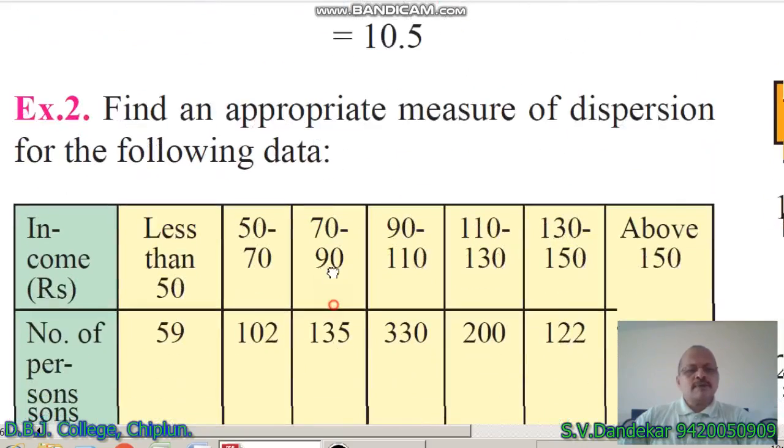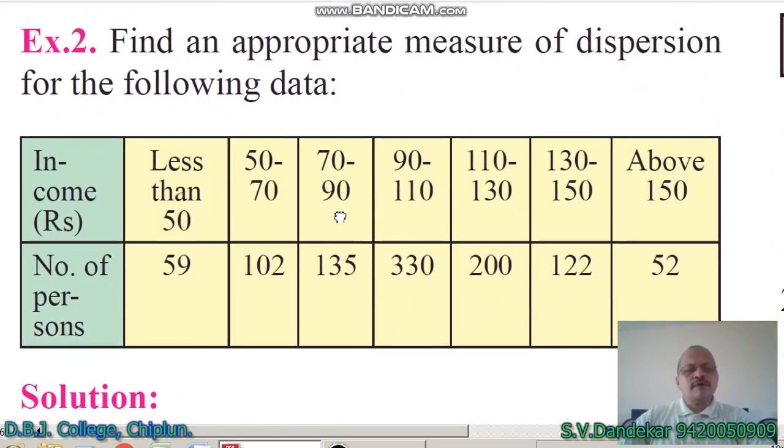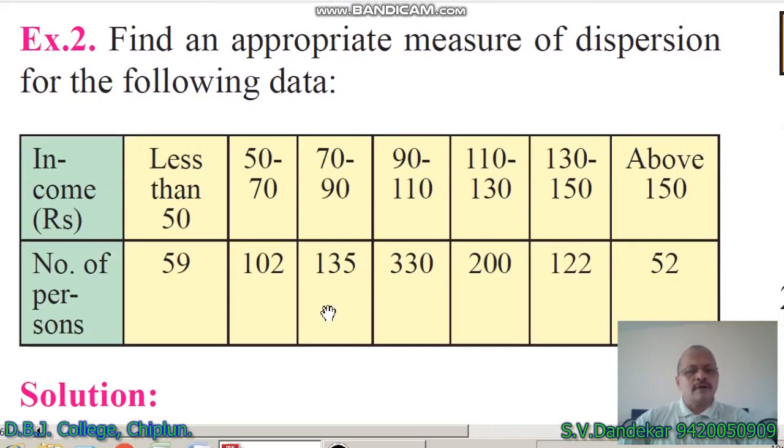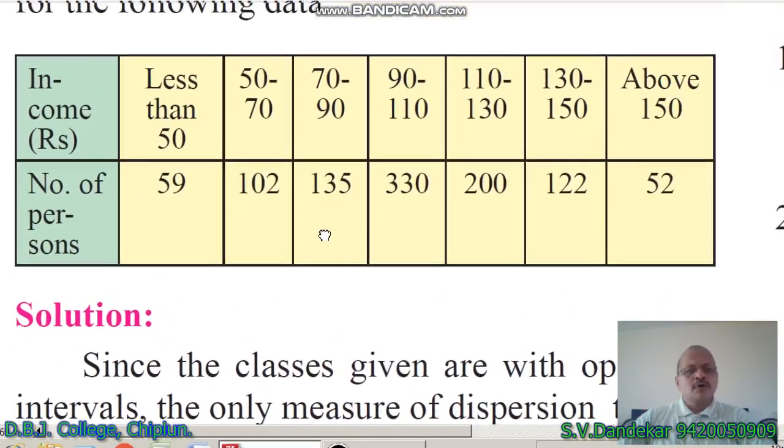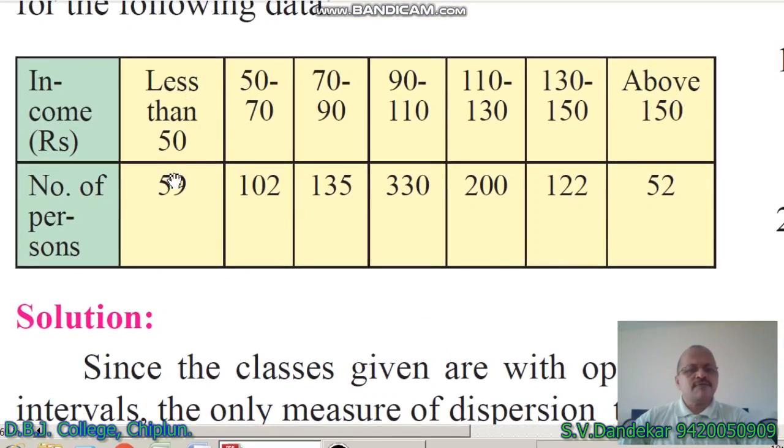Next solved example is find the appropriate measure of dispersion for the following data. Now the data given is less than 50, 59, 50 to 70, 102 and so on, and above 150 there are 52 values. Now less than 50 means what is the smallest, we don't know.